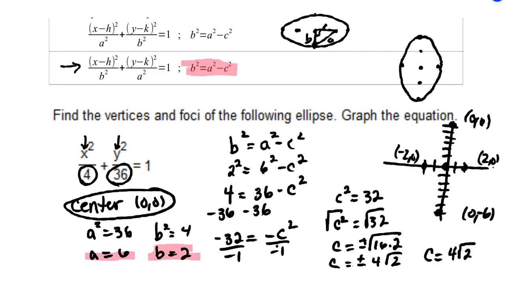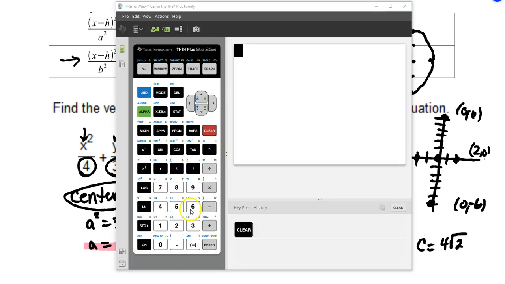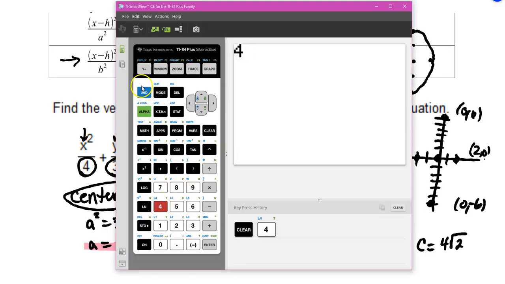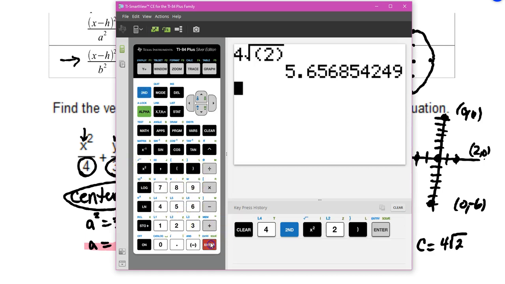And then we can find our foci by going up and down 4 square root of 2. Now let's use our calculator to figure out approximately what 4 square root of 2 is. So 4 square root of 2 is just a little bit more than 5.5.